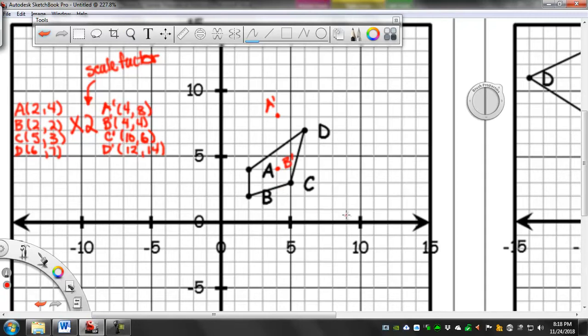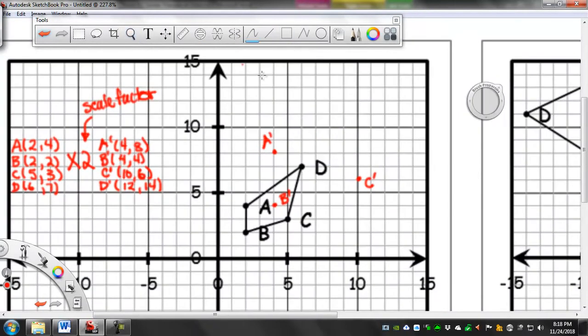C prime is 10 and 6, there's 5 plus 1, so that has to be C prime. And then finally D prime is at 12 and 14. I'm going to have to slide this down a bit. So there's 10, 12, 14, so 12 and 14 would be right there.